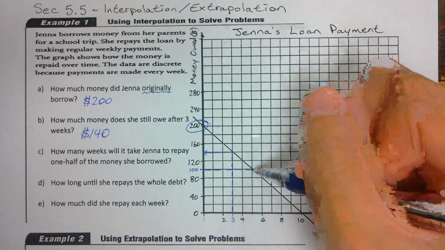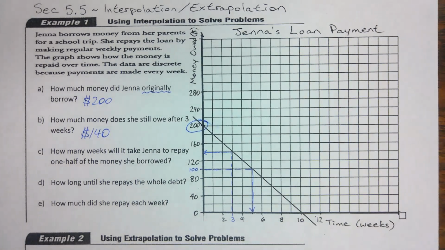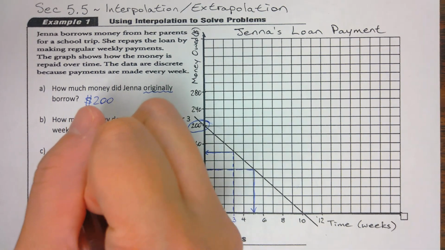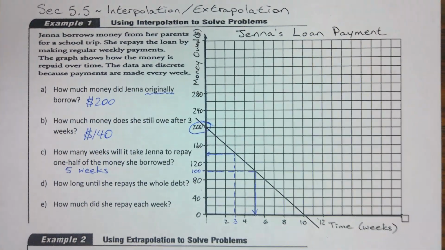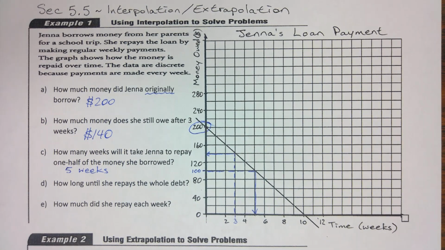Once I reach my line, I'm going to go down and see where it points to on my x, which is 5 weeks. Right. I've seen people make silly mistakes and tell me $5. How many weeks will it take? And then you say $5. Doesn't make sense. So make sure you have your units correct.